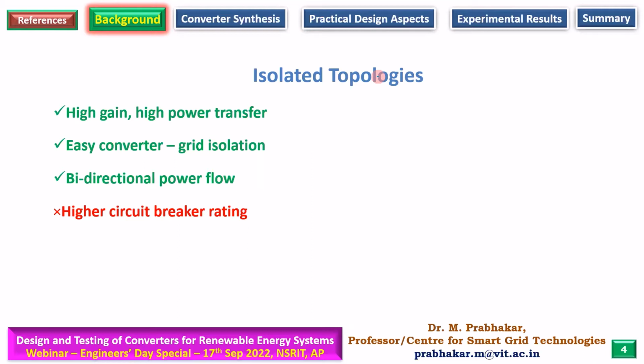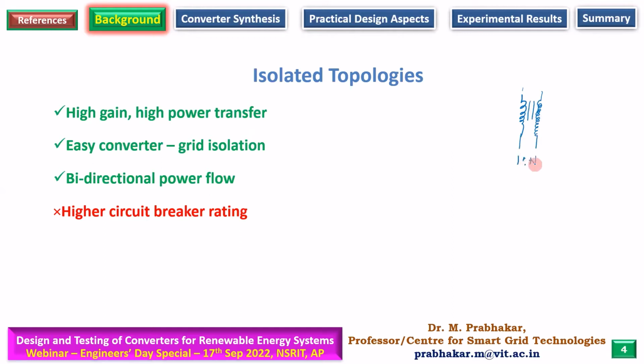Now, in a transformer, there is no electrical connection between the primary and the secondary. Therefore, we call a transformer an isolated equipment. So, in the primary, I will just indicate a transformer like this. And at the secondary, I will have many number of turns, so that my turns ratio is 1:n.